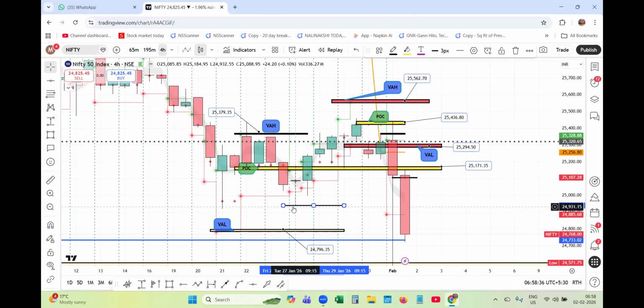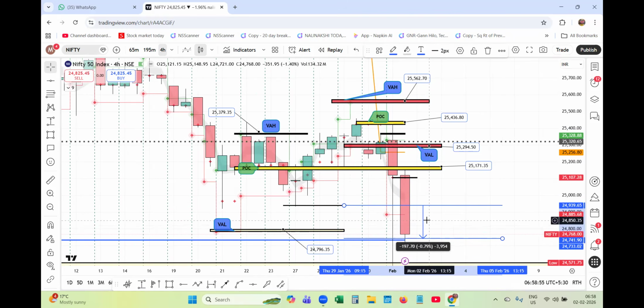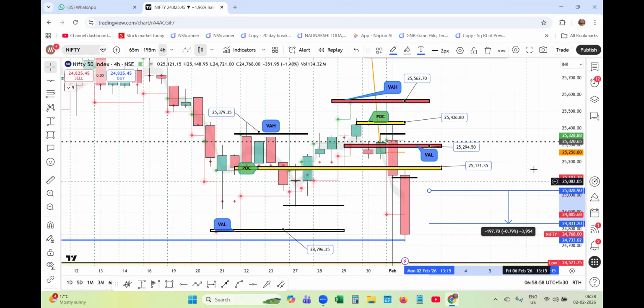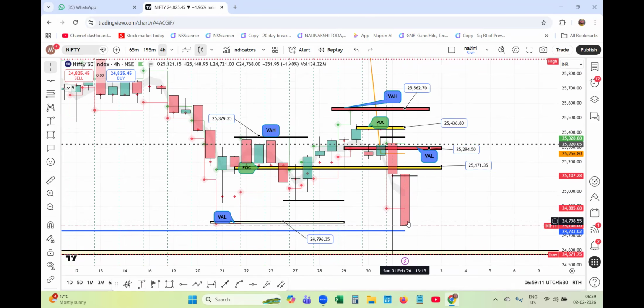The market had rallied not from here. So it took away the range and came down below the range, 24,957. The fall was just 182 points, but it looked so huge because it went up to 25,438 and then fell down to 25,000.